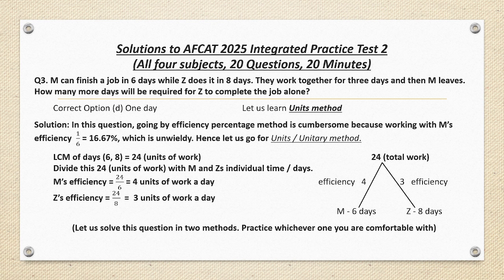Now divide this LCM, that is 24, by M and Z's individual days. So 24 by 6 is 4 units per day, M's efficiency, and 24 by 8, 3 units a day is Z's efficiency. So that we'll put in our figure. M's efficiency is 4 and Z's efficiency is 3.